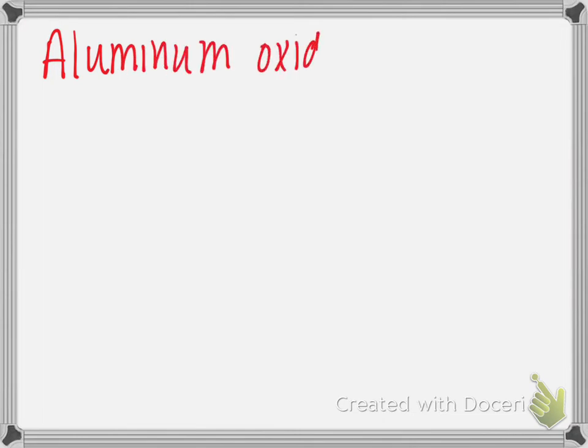All right, let's look at a couple more examples here. I'm going to move pretty much to exclusively the crisscross method because I think that's what most people prefer to use. But let's look at building the formula for aluminum oxide. So locate aluminum in group 13.